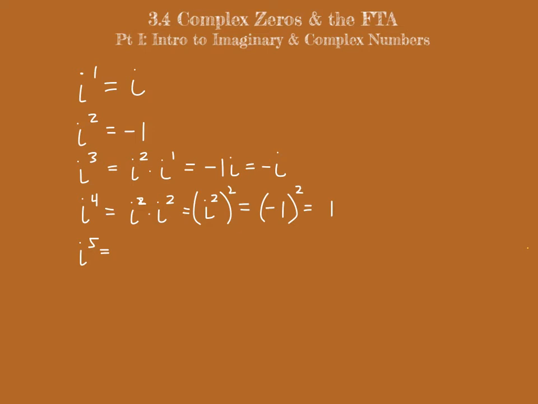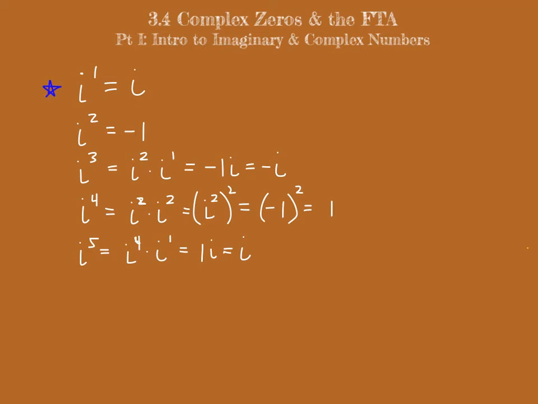What if we were to do i to the fifth? i to the fifth can be rewritten as i to the fourth times i to the first. We've already found that i to the fourth is +1, and i to the first is just i, so we're back at i. It looks like we have a pattern here.